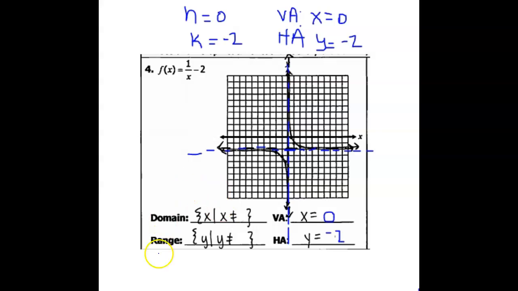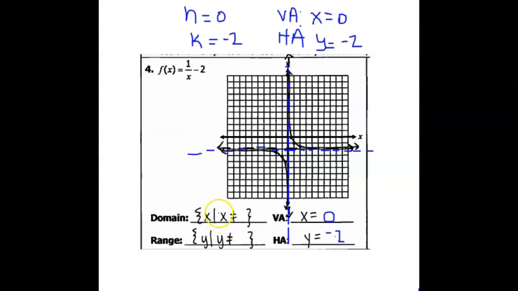Let's talk about domain and range. If I look at the graph, I know that the domain is going to include everything, but I notice I have an exclusion when x equals 0. So when I draw my domain, you're going to put your bracket x, a line, and you'll just say, hey, it's all reals.